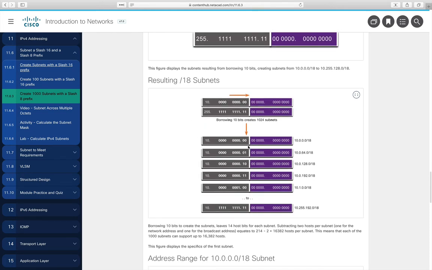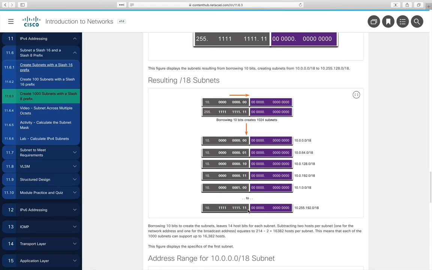So the first network is, we set all the subnet bits to 0, and then 1, then 2, then 3, then 4. So we just, again, count in binary from all the new subnet bits being 0 all the way up to the new subnet bits being all 1s.